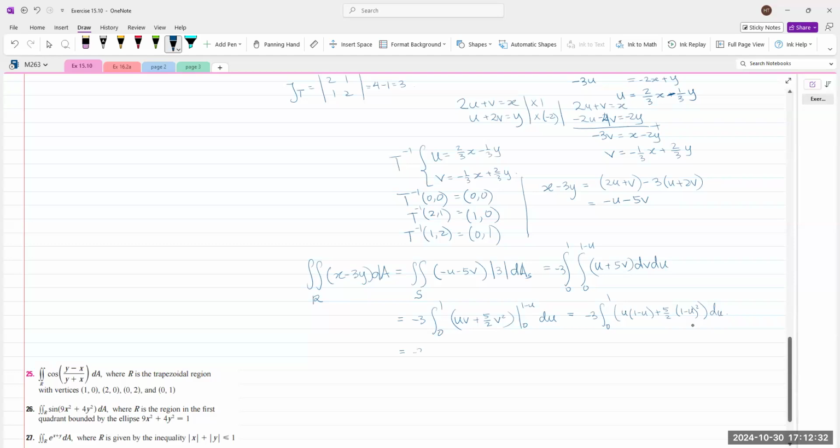That is negative 3 integral from 0 to 1 of u minus u squared plus 5 half minus 5u plus 5 half u squared du. Combine like terms.